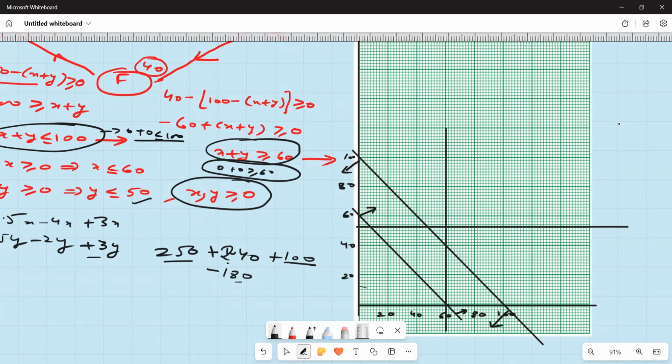And then y is less than and x is less than this side, and x and y both are positive. So what is the shaded area I am getting? This one. Shaded area I am getting.